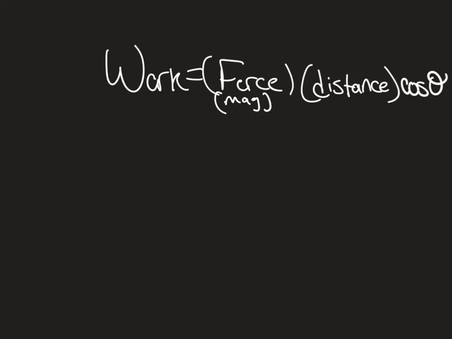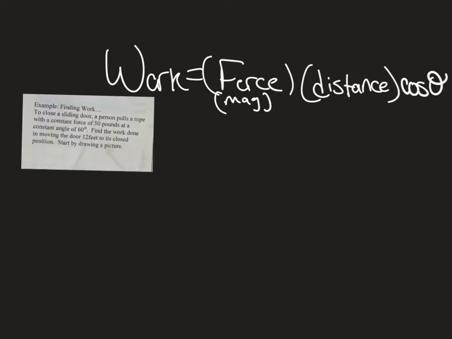The example on this page says that I have a sliding door. Let me put the problem on the paper for you. I have a sliding door and a person's pulling rope at a constant force of 50 pounds. So here's my force. My force is going to be 50 pounds.